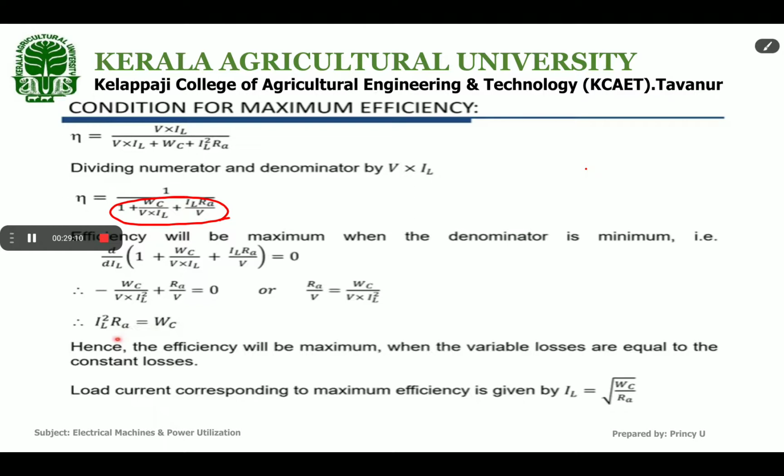Here the load current IL is the variable, so differentiate the denominator with respect to IL, d by dIL, and equate it to 0.